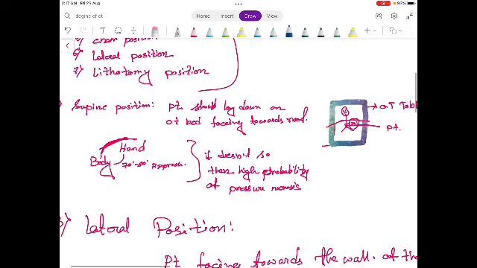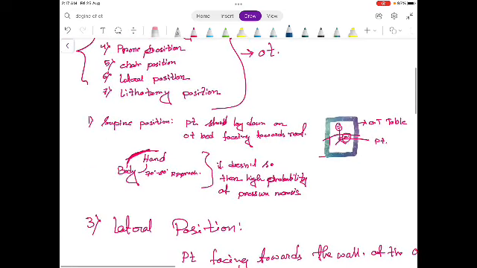Right now we have to go to the supine position, right? The supine position is mainly and commonly used in the OT, because this is the position used everywhere in the OT. At first, when you take the patients into the OT, you have to position the patient in the supine position.